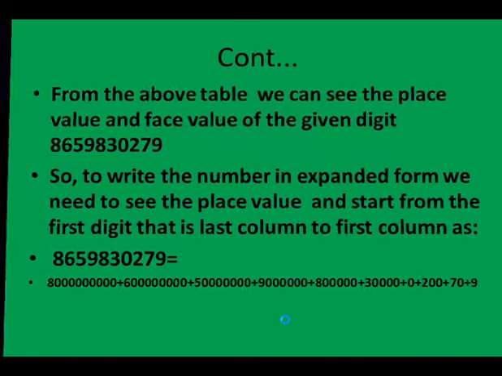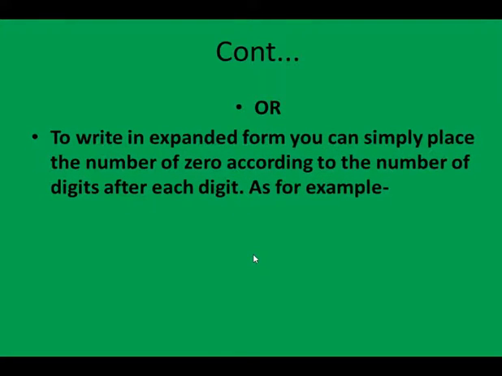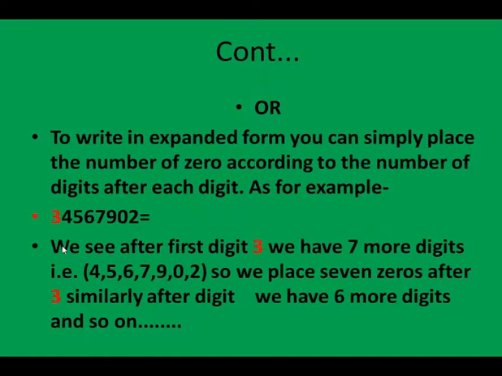Or we can say, to write in expanded form, you can simply place zeros according to the number of digits after each digit. For example, in the number we have been given, the first digit is 3, and after 3 we can see 7 more digits.